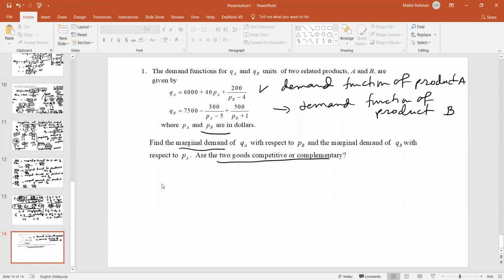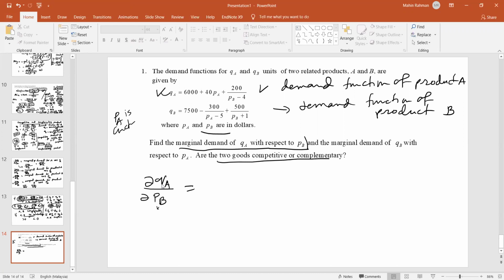So first we find the marginal demand of product A with respect to price of product B, that means delta QA by delta PB.